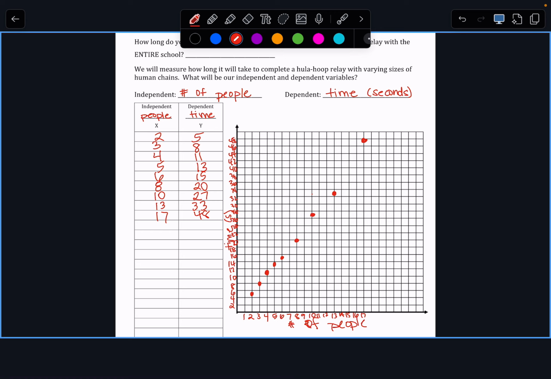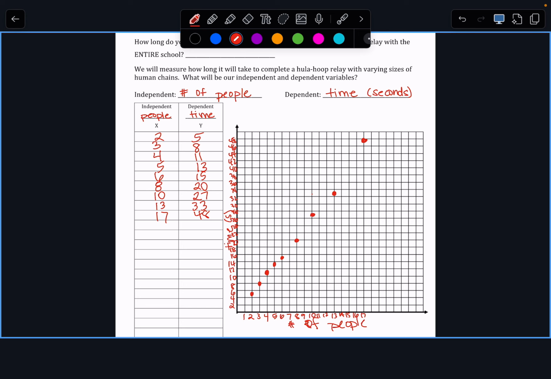Do these points make a perfect graph? No. They do not. However, do they kind of look like something? Yeah. What do they kind of look like?